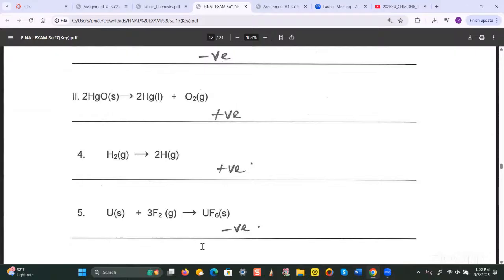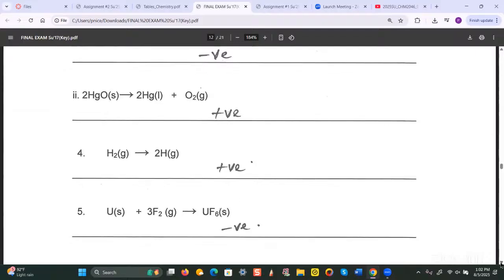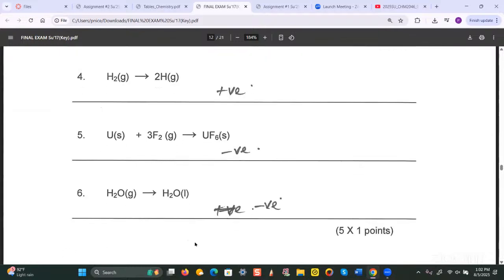And then in this particular case, you have a solid and a gas coming together to form a solid, right? So therefore, you have greater entropy on the left side compared to the right side. So in this case, the entropy decreases or delta S is negative. And then this one is easy because you're going from a gas to a liquid. So therefore, the entropy on the left side is greater than the entropy on the right side. So therefore, delta S would be negative in that case.